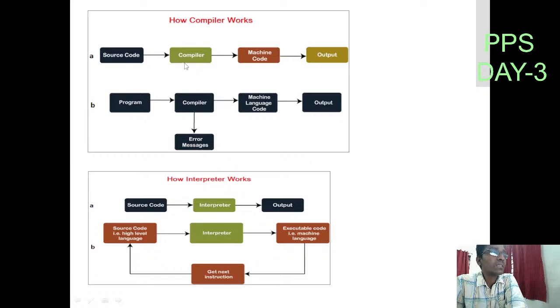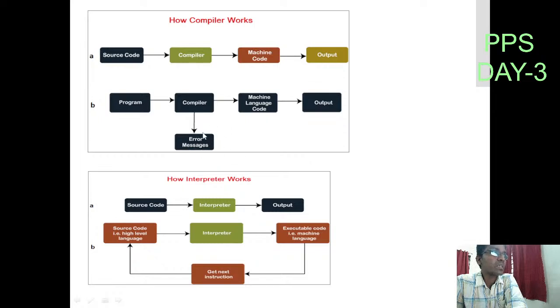If I say the compiler compiles all the lines of the program at a time, then if any errors occur in the entire program, it will produce all the error messages.